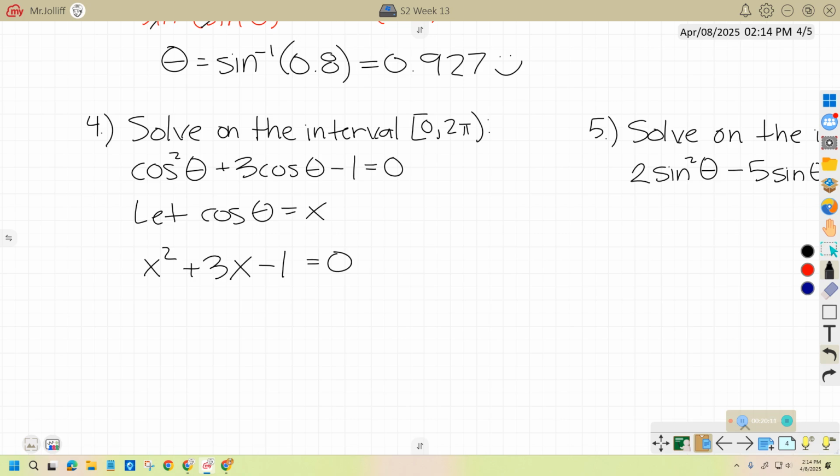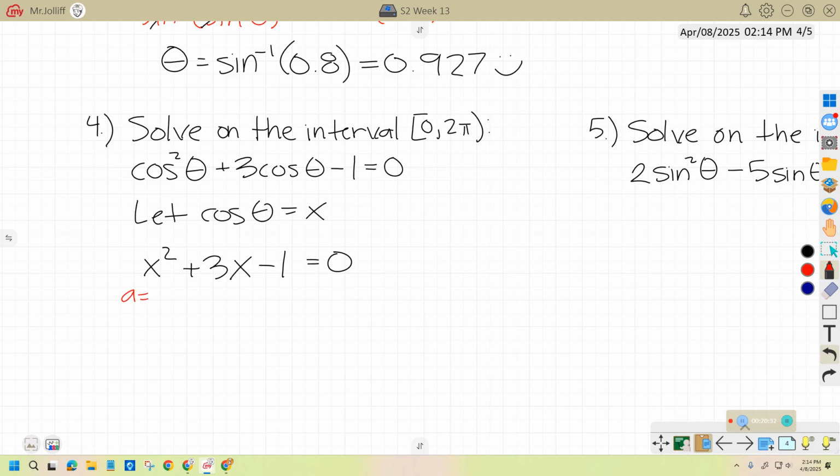What two numbers multiply to 1? 1 and 1. 1 plus 1 is 2, not 3. I cannot factor this. It's not factorable. So the only other option is the quadratic formula.